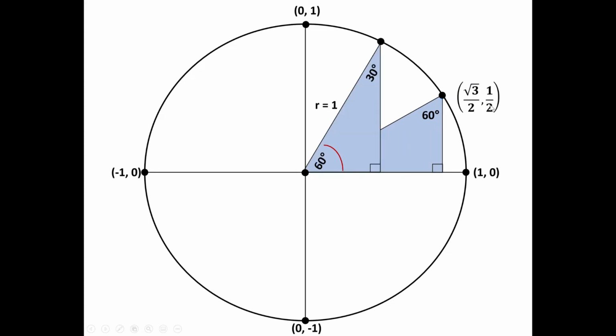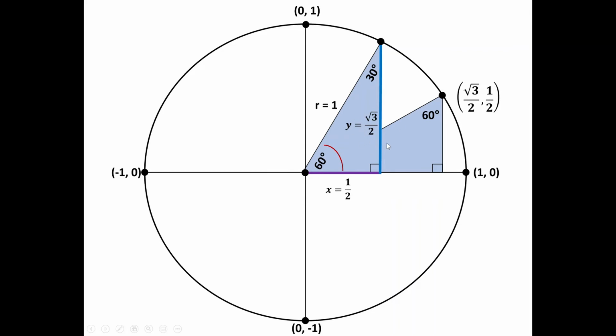Now what I'm going to do is switch it up a little bit, and I didn't necessarily rotate it, but I moved it around so that the interior angle right here is now 60 degrees. So I've added another 30 degrees to this interior angle measure. But I moved it like this because I wanted to show you that now the length of this, the cosine of 60 degrees is 1/2, and the sine of 60 degrees is the square root of 3 over 2.